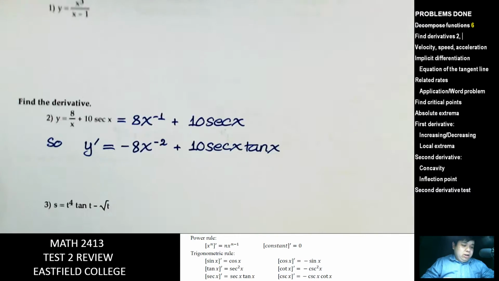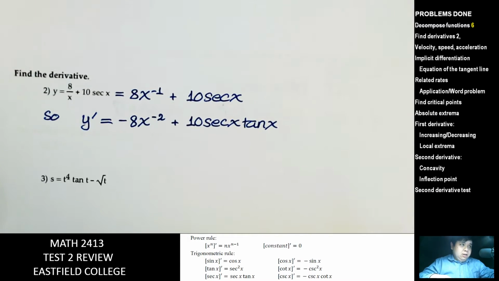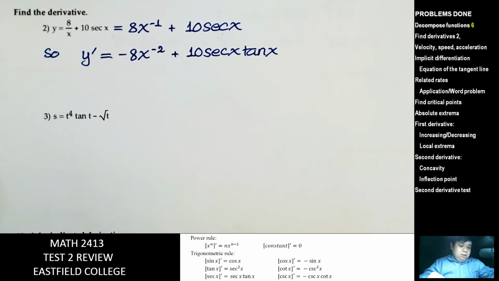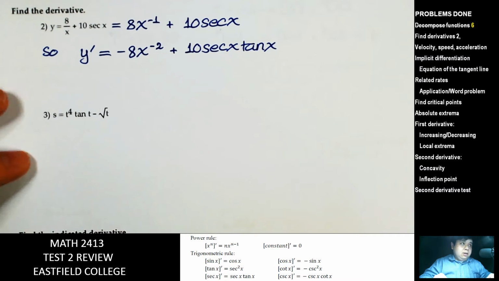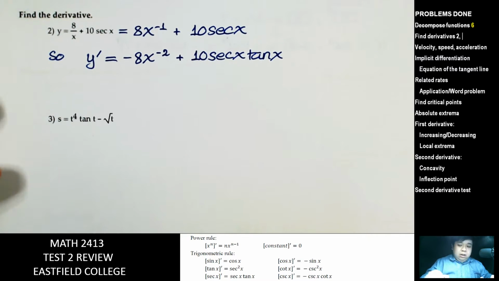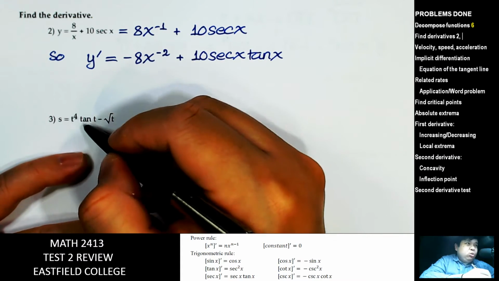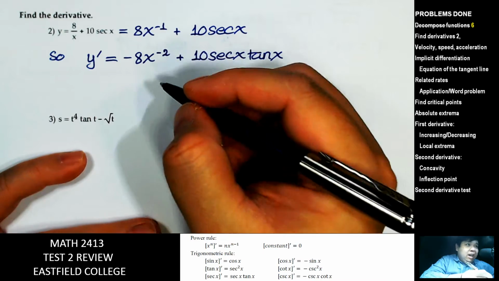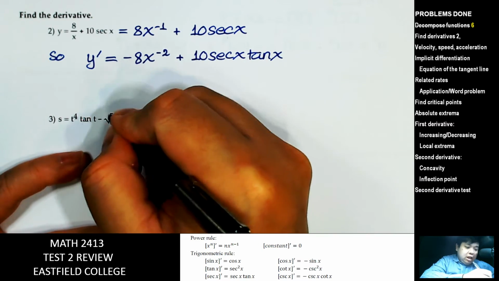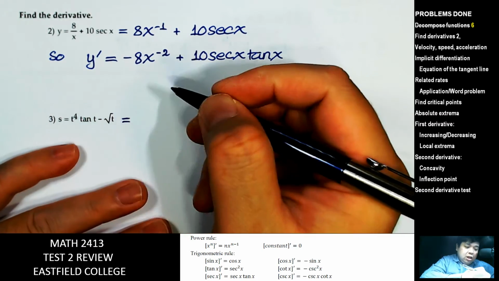Let's go to 3. We certainly can take derivative of t to the 4th tangent t and square root of t, but let's just rewrite the square root of t.